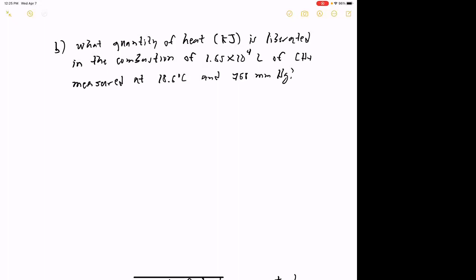All right, so how do I get from a volume, temperature, and pressure back to moles? What should I do, guys? Remember what we're dealing with here. It's a gas, right? How do I get from temperature and pressure and volume back to moles?